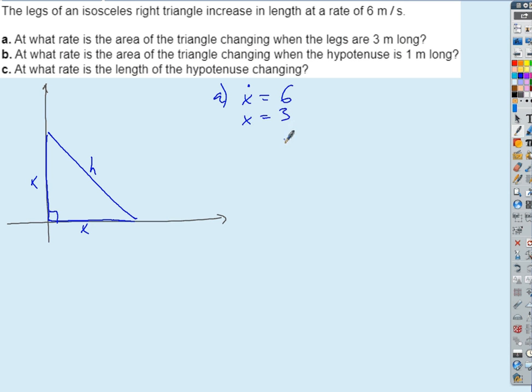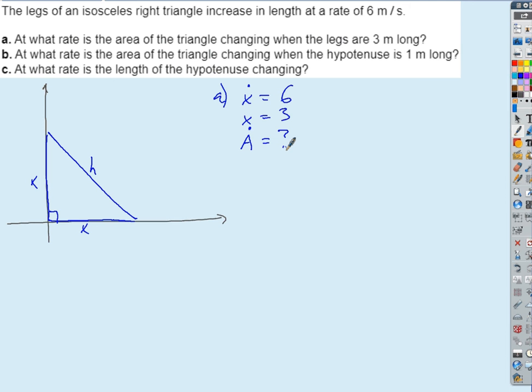X is 3. Okay, and what are we trying to find? Okay, so we're trying to find A dot, right? If A stands for area. Okay? Make sense? So there's our snapshot values. What's next?